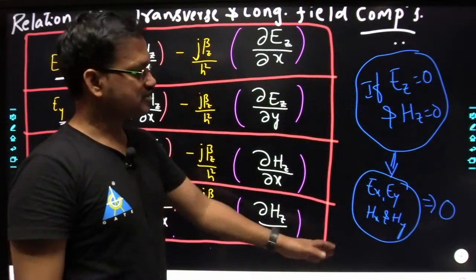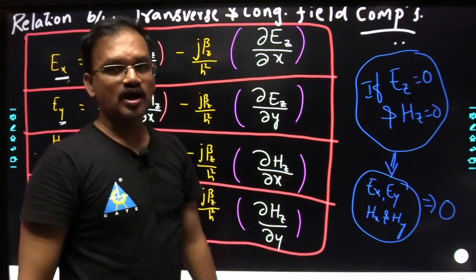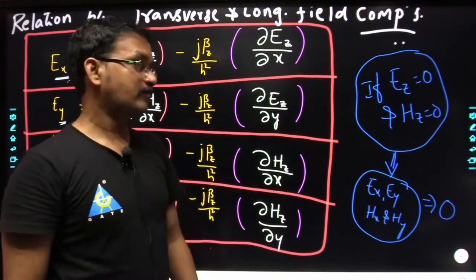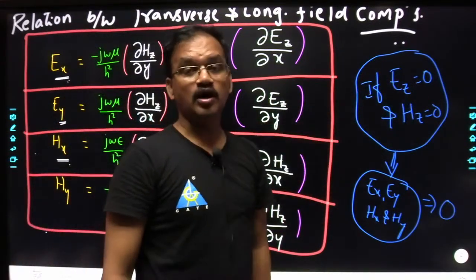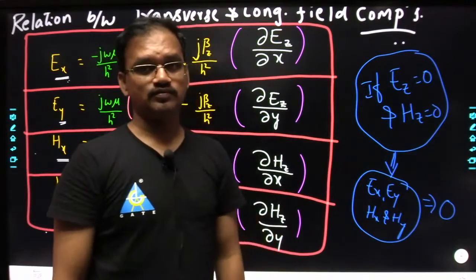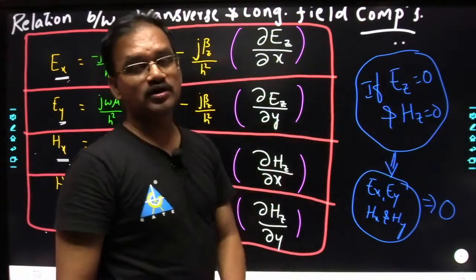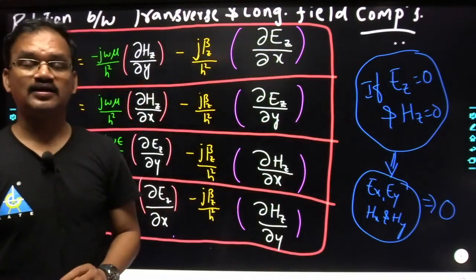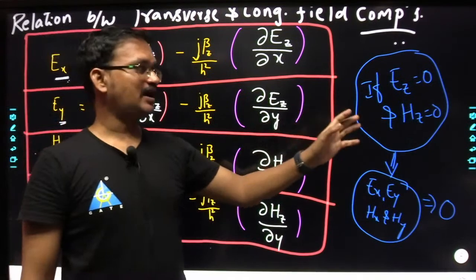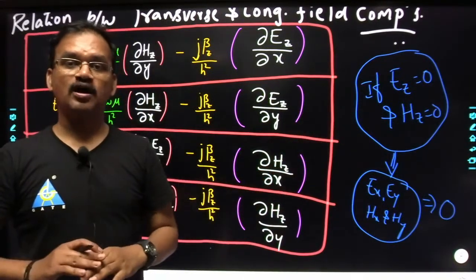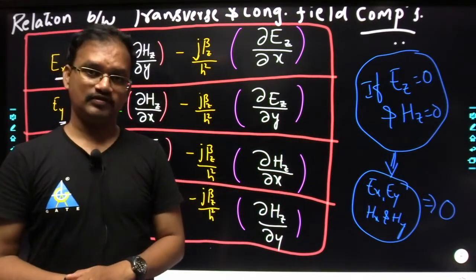Yes or no? So which means no field components are going to be present inside the waveguide if both the longitudinal field components become equivalent to 0. So this condition is not at all possible inside the rectangular waveguide. If both Ez and Hz become 0, no field components can propagate inside the waveguide, right?